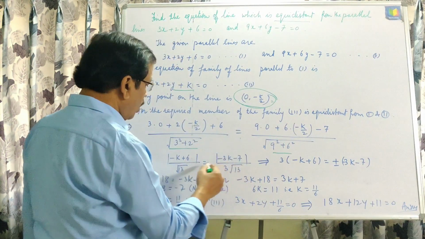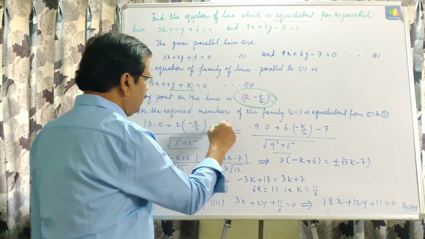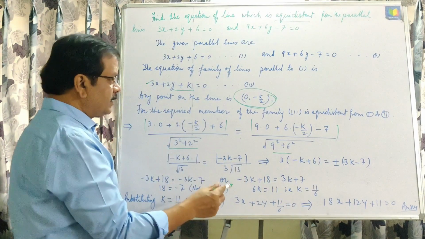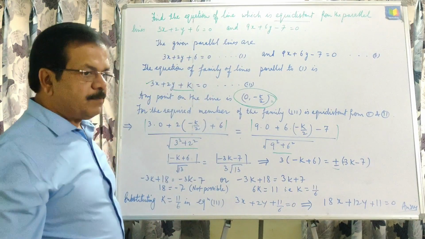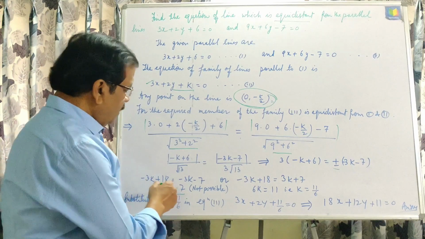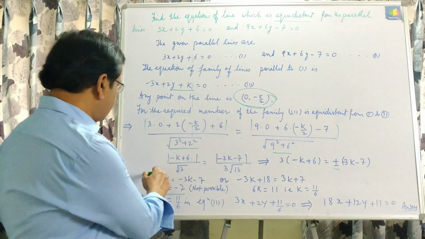Then solving these two, because the values will be in the mod, we can write positive and negative this way. Whenever we open this mod, taking the positive value we get 18 is equal to minus 7, which is not possible, so this is cancelled.